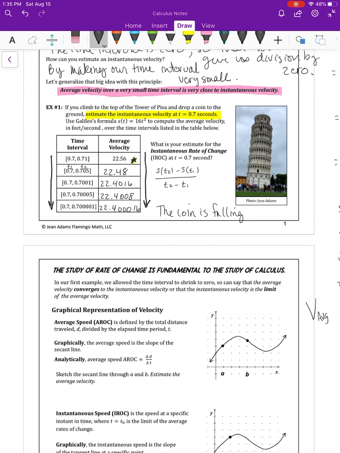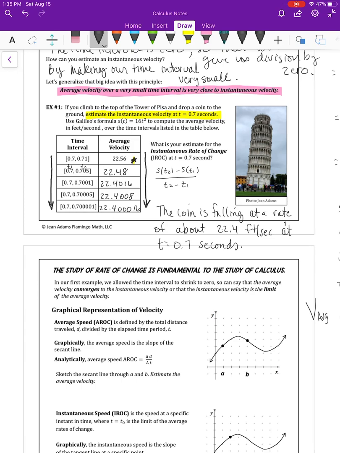You would want to say it in terms of the situation in the word problem. So the coin is falling at a rate of about, because this is an estimate, 22.4 feet per second at t equals 0.7 seconds.